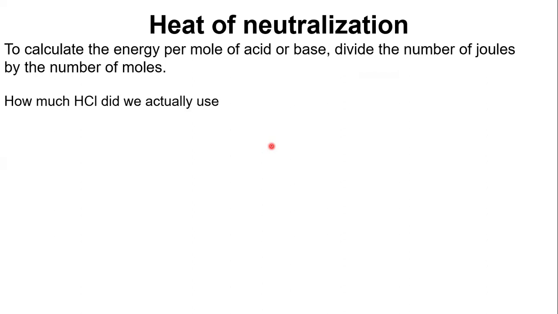Now, we have to check the number of moles of HCl or NaOH used. The question has never given us the equation of the reaction, but let me write it here for understanding's sake. So this is the overall reaction: sodium hydroxide plus HCl reacting to form sodium chloride and water, right?